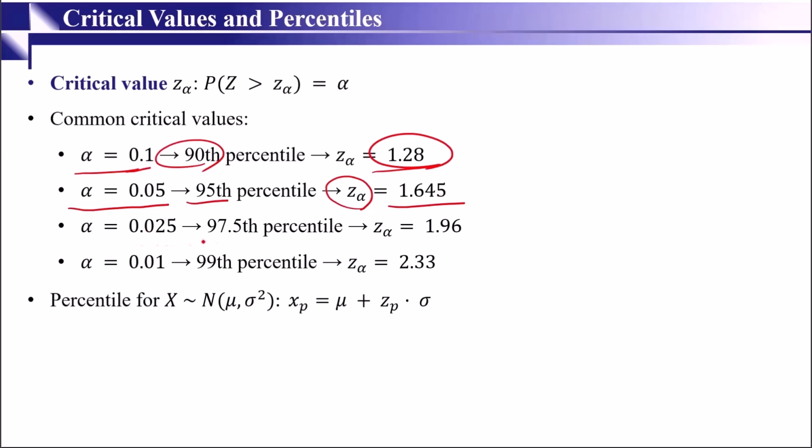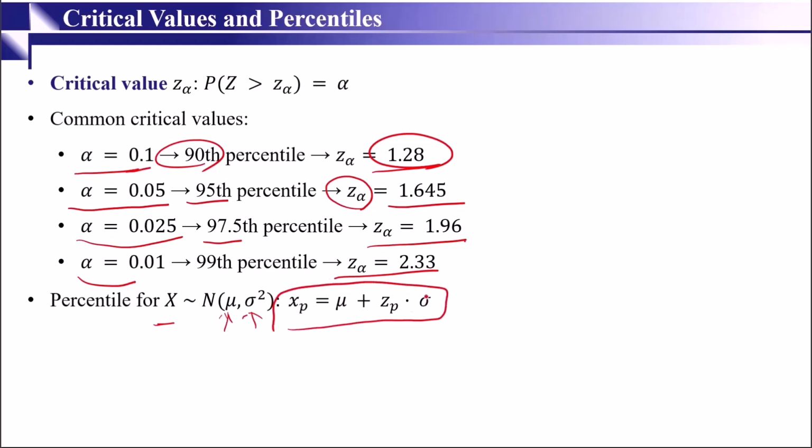For 97.5, alpha is 0.025, and z of alpha is 1.96. The same for this one. So if we have any random variable x which follows a normal distribution with mean mu and variance sigma squared, then xp is equal to mu plus zp multiplied by sigma.